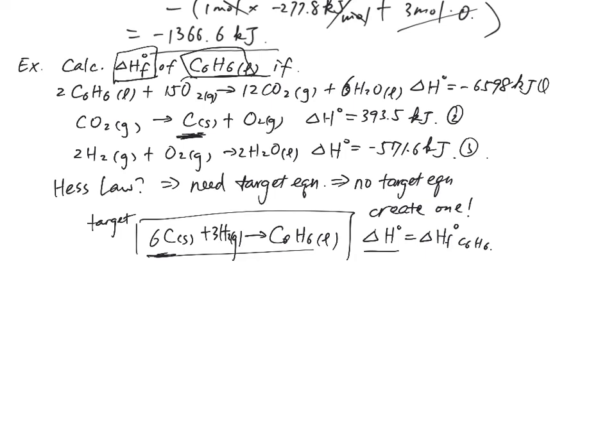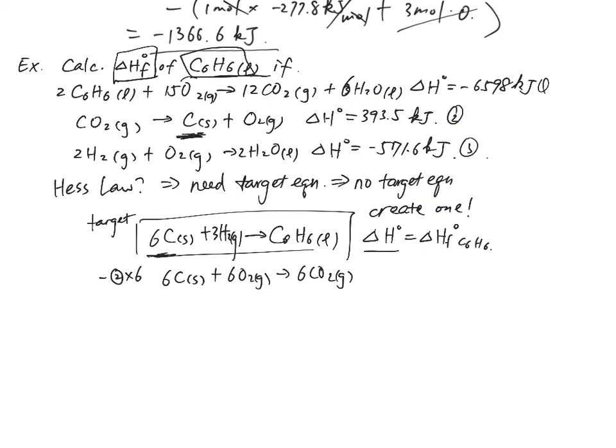So what I'm going to do is reverse the second known equation so that carbon is a reactant, and then multiply it by 6. Okay, so let's do that. If I do that, I would have 6 carbon, 6 O2, producing 6 carbon dioxide.